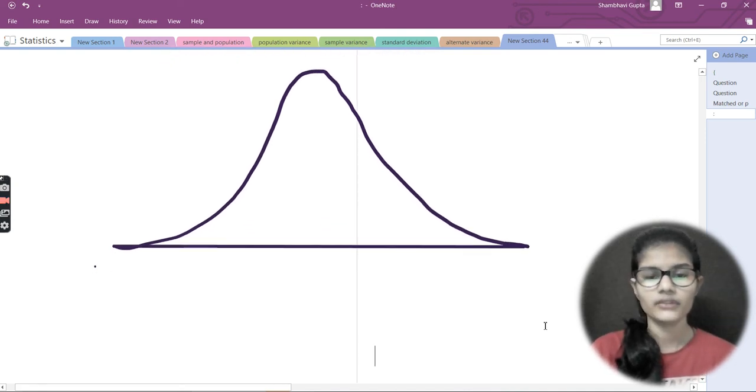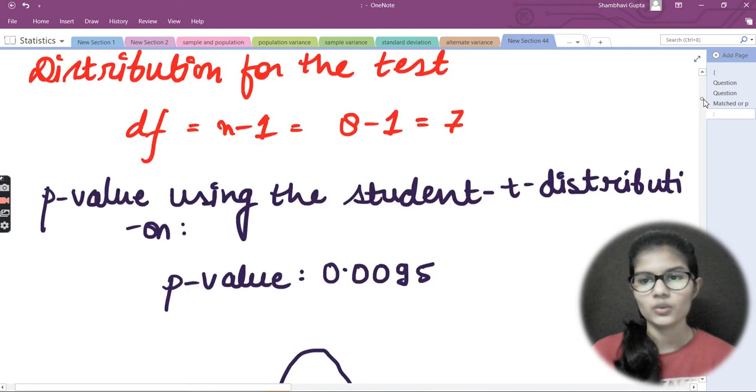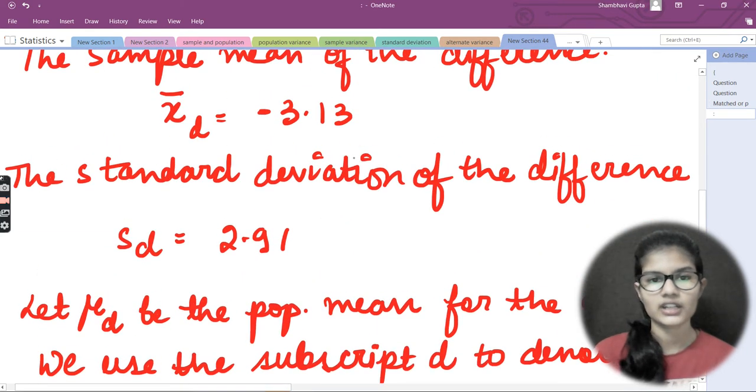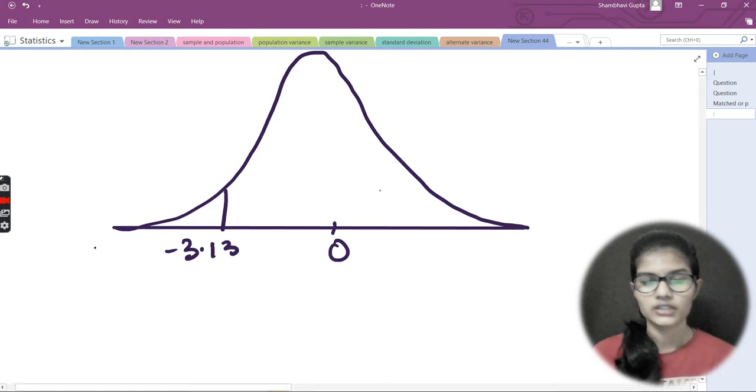Okay, fine. So here, this particular portion is, let's say, minus 3.13. You have a look that this is basically my sample mean for the differences which we had found, right? So that has been plotted. For this minus 3.13, we even figured out the p-value.